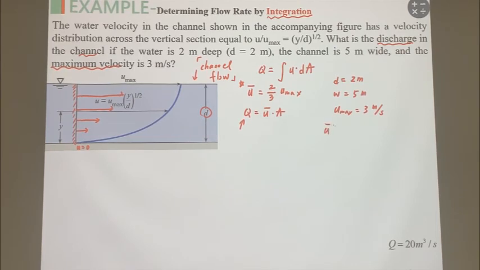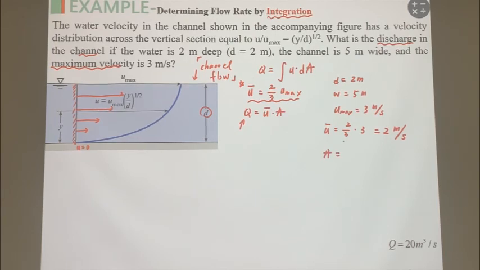Okay, so what is the mean flow velocity? We have the formula shown here: 3/2 multiplied by U max, which here is 3. So the mean flow velocity is 2 meters per second. And then we have the total area, right?